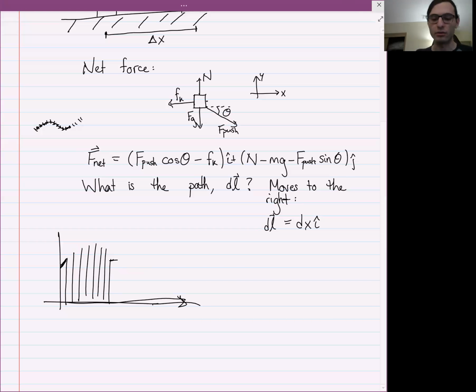You're multiplying the height of that curve times the width of that rectangle, multiplying them together and then adding them together.